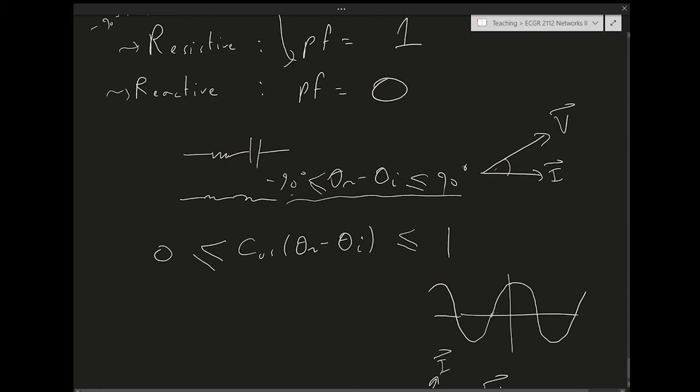If I take the cosine of this, I end up with cosine of theta v minus theta I, which becomes cosine minus 90 and cosine 90. Cosine is even, right? So cosine minus 90 is equal to cosine 90.